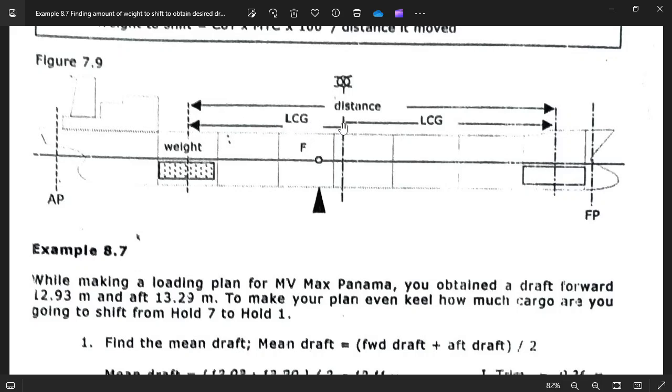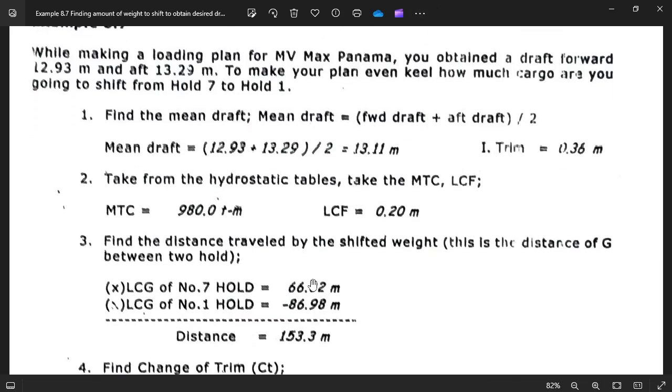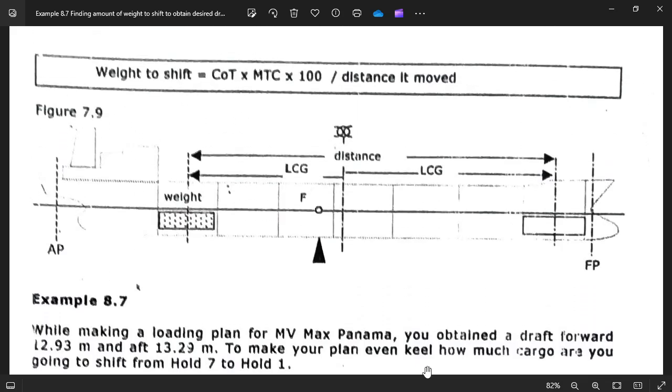And the LCG of hold number 1 is 86.98, from amidship to hold number 1.